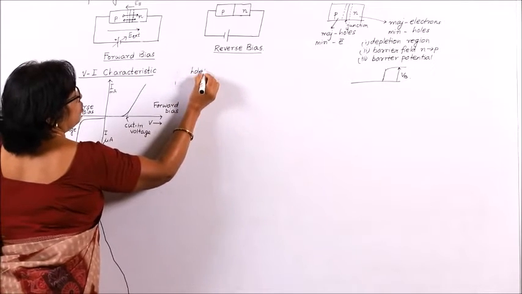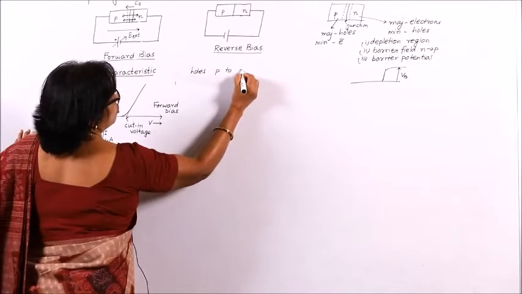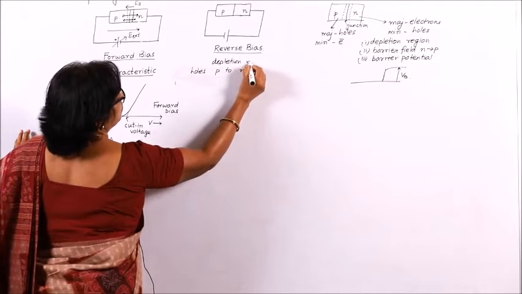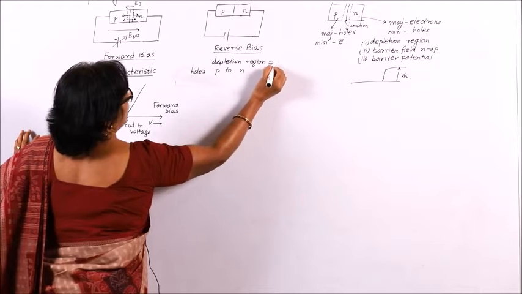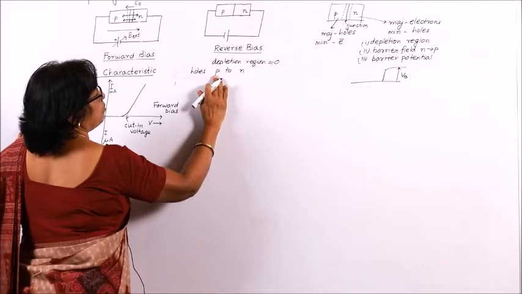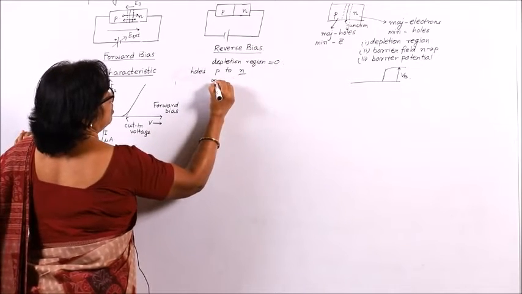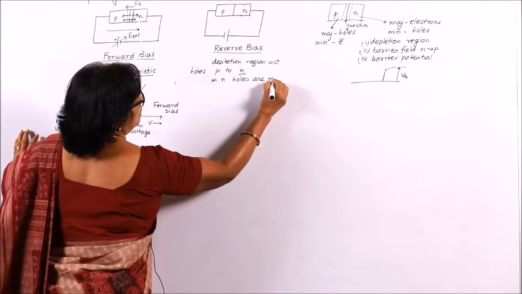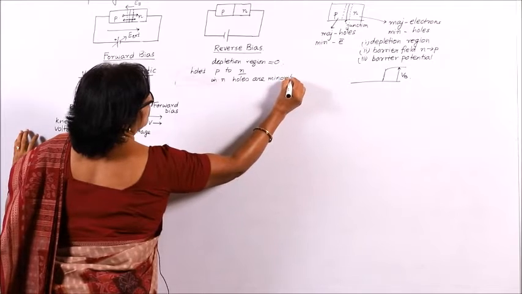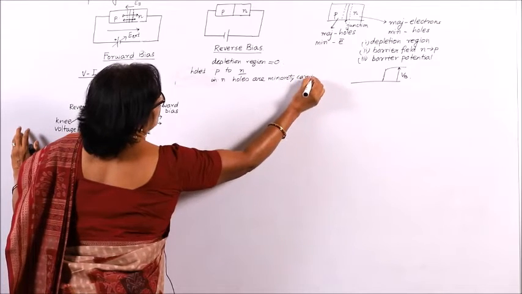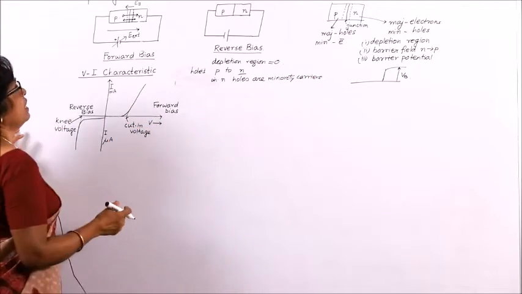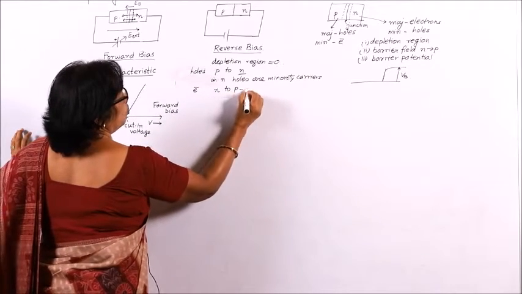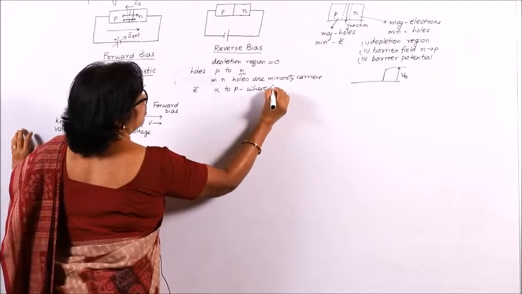Holes have come from P to N because the depletion region has reduced to 0. Holes will move from P to N, and in N holes are minority carriers. Similarly, electrons will move from N to P, where they are minority.